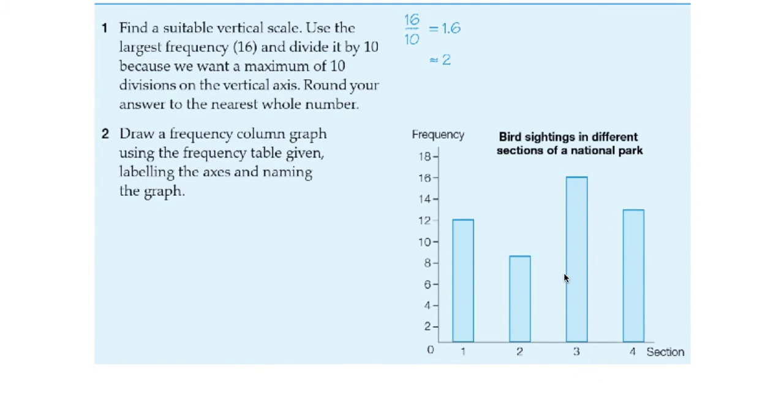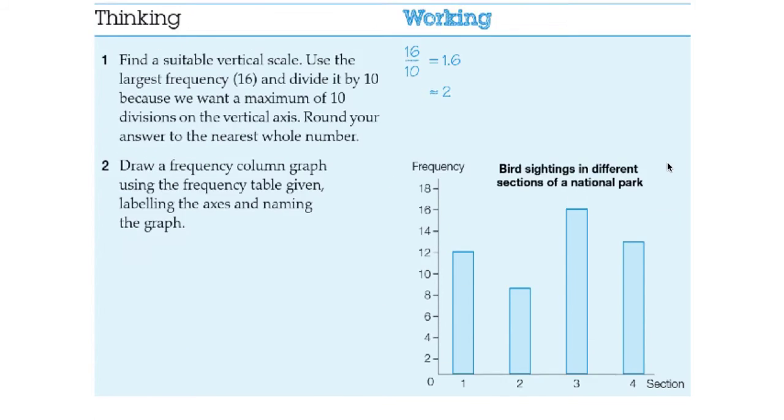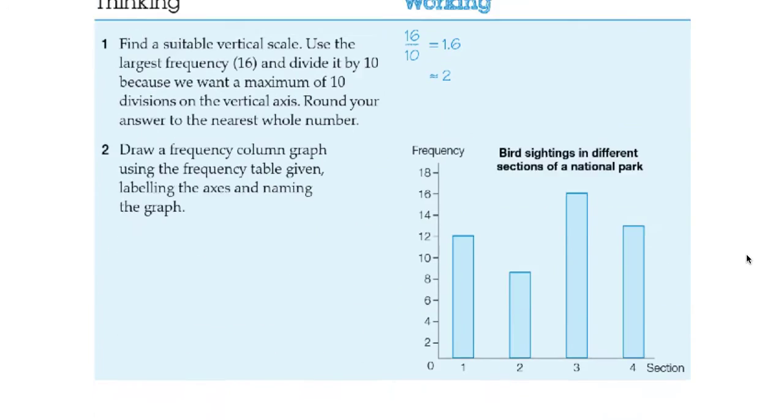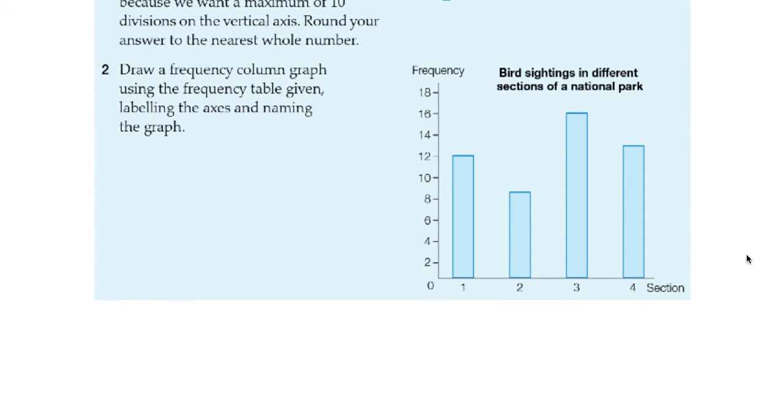When you sketch your column graph, and this graph here is a representation of this data, you'll notice a couple of things. The horizontal or bottom axis always has the section. We need to make sure we label it. The vertical axis, or the axis going up, always has the frequency.